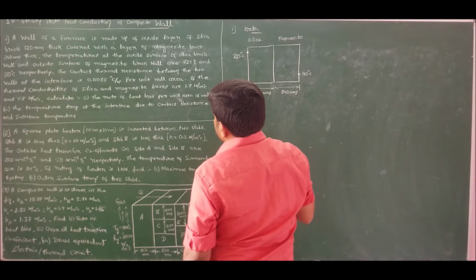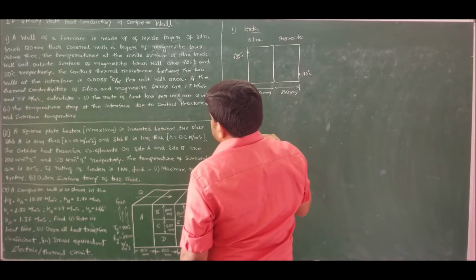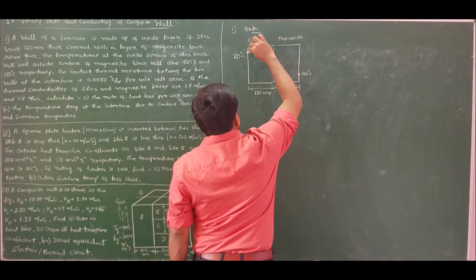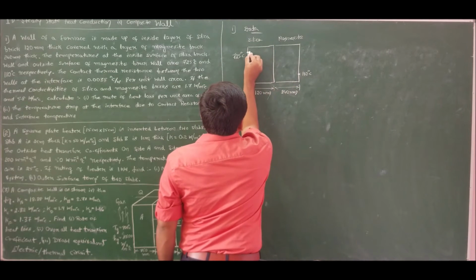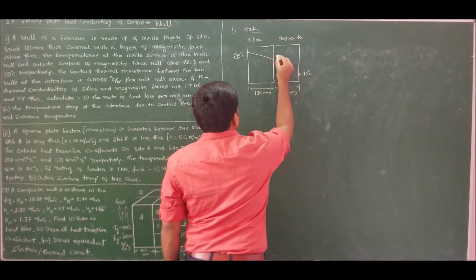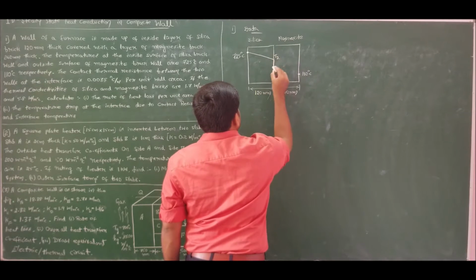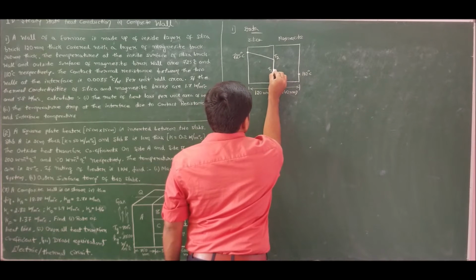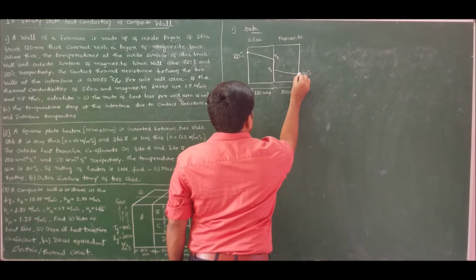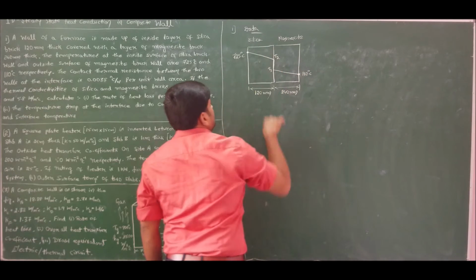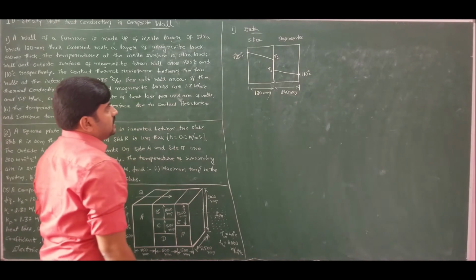He is also specifying the contact thermal resistance between the two walls. Because there is a contact thermal resistance, we can observe a drop in temperature at the contact surface. Otherwise, we assume there is no contact resistance, the materials are perfectly in contact with each other, the temperature is uniform at the interface, and we take only one temperature at that point.